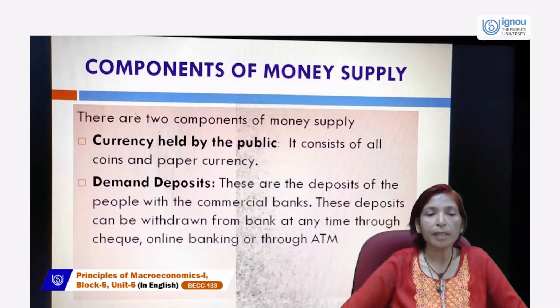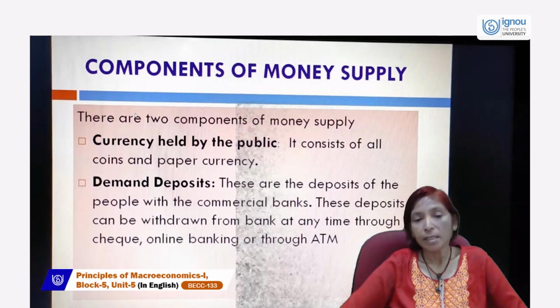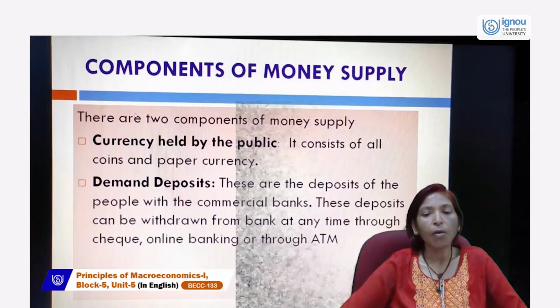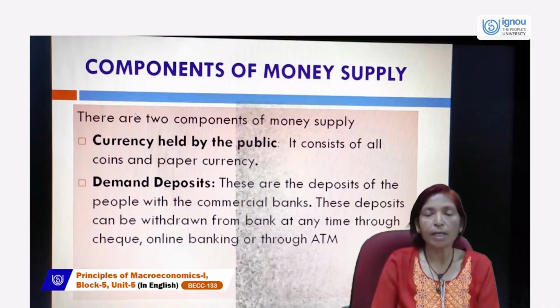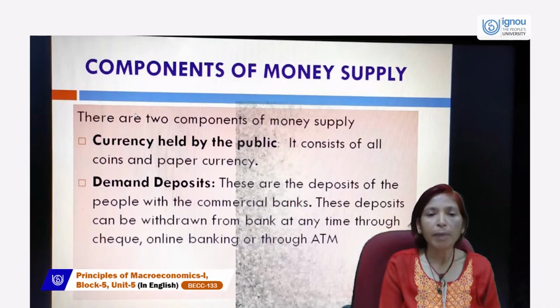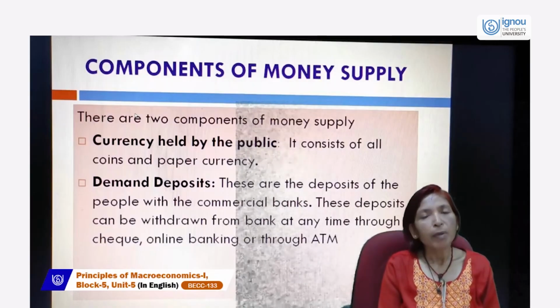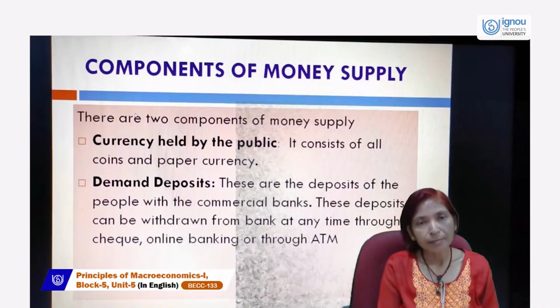In developed countries, people mainly do transactions with checks, online banking, and digitally. But in underdeveloped or developing countries, people use currency for transactions.